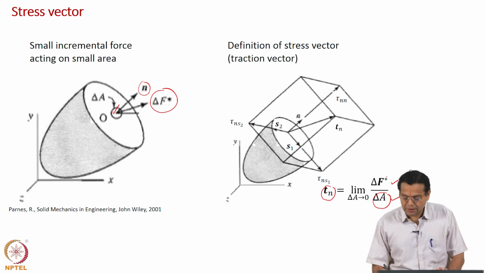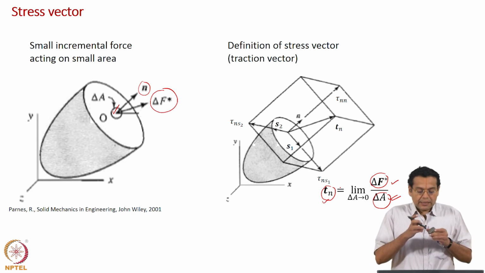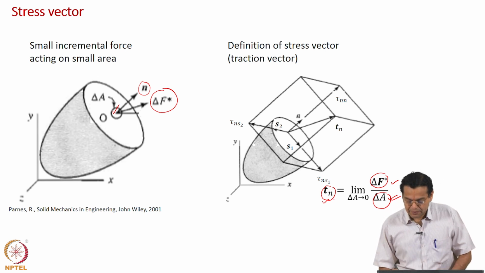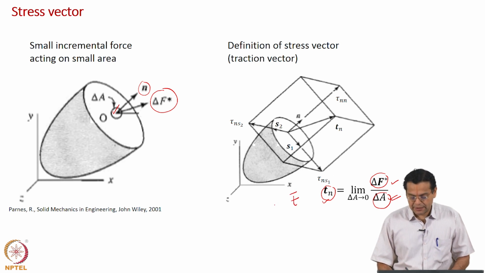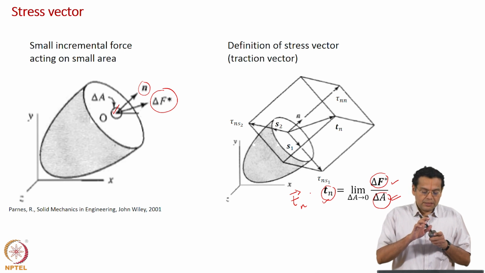Why is it a vector? Because an incremental force, which is a vector, divided by area gives a stress vector acting at a point on a plane whose normal is n. It is denoted by T vector, and the subscript n tells you that this stress vector acts on a plane whose normal is the n vector.